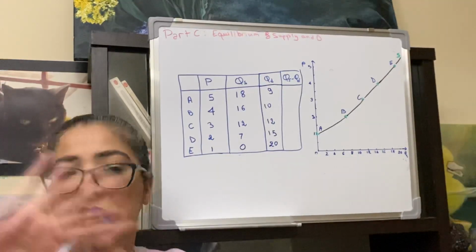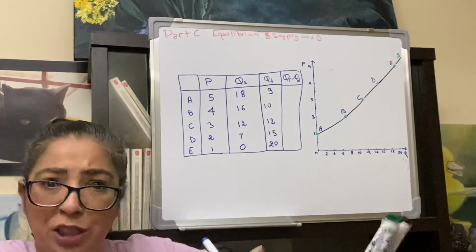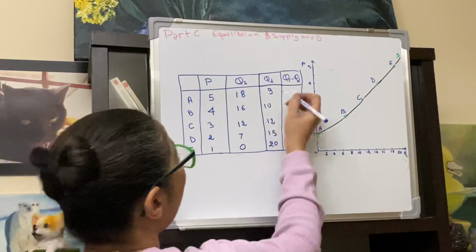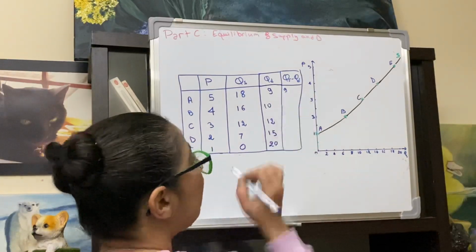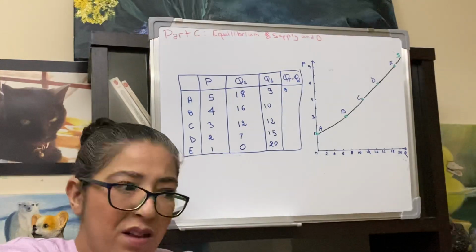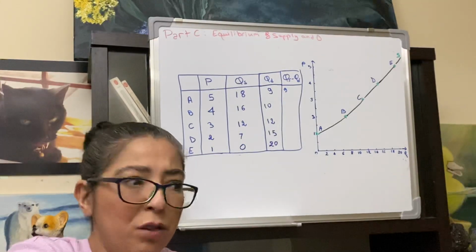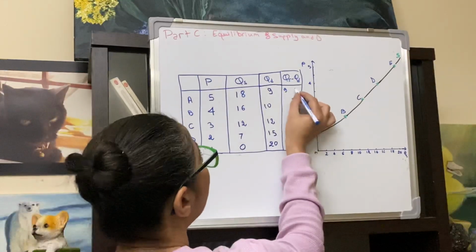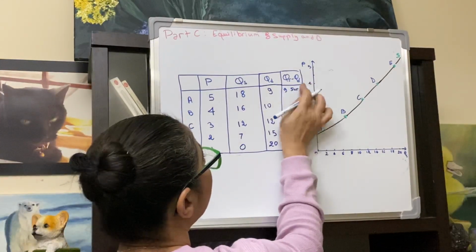They're going to sell 9, but then they're going to be left with the rest, which is also 9. They're going to stay with 9 units not sold. They're ready to be sold, but nobody's buying them. That's what we call a surplus.